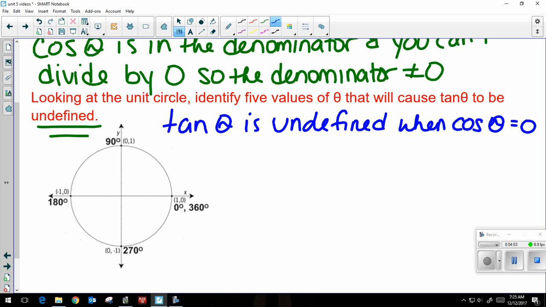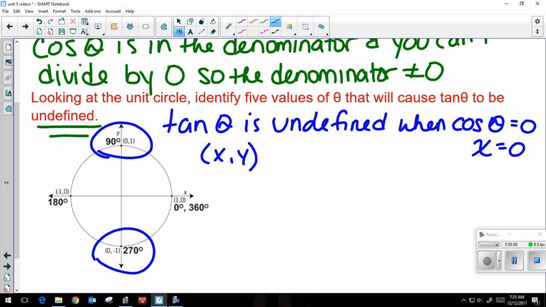And now remember, cosine theta is x. So when x equals 0, tangent is undefined. So remember, on our unit circle, x comma y. So that means it's going to be undefined here, and it's going to be undefined here. So I have 90 degrees, and I have 270 degrees.